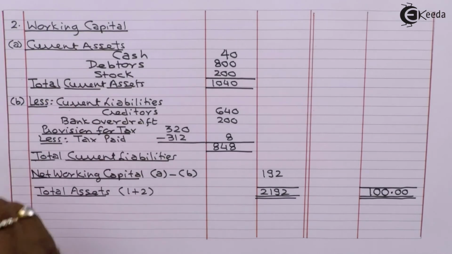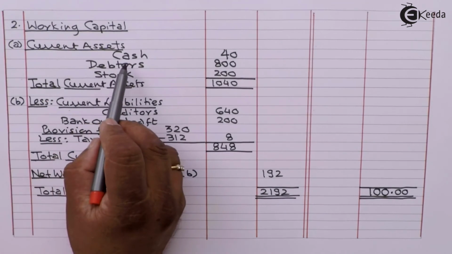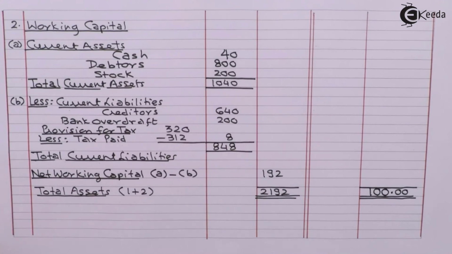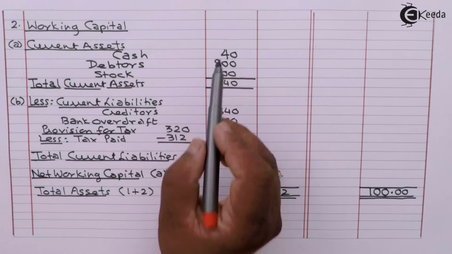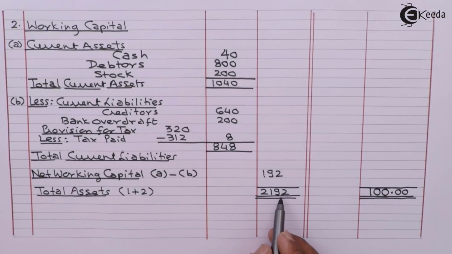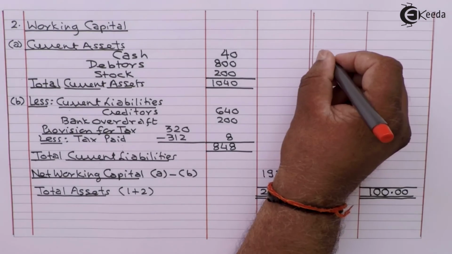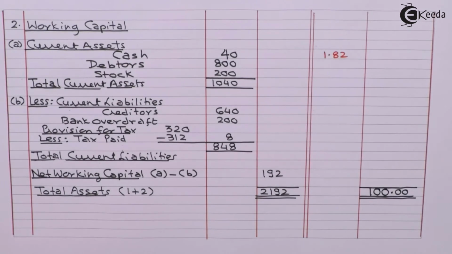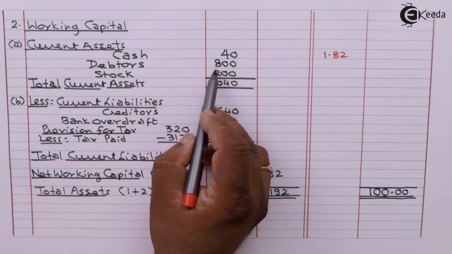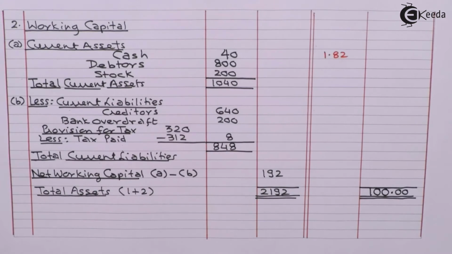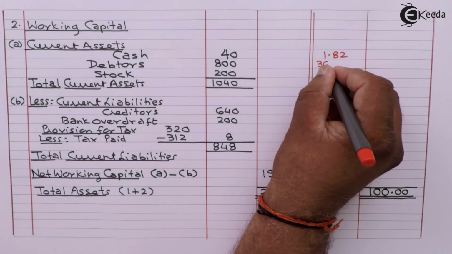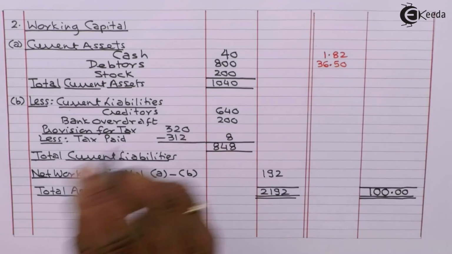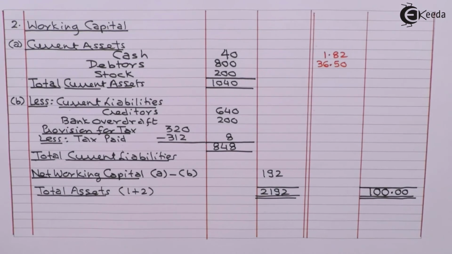Next, working capital. In current asset we have cash 40,000. Cash 40,000 divided by 2192,000 multiplied by 100. 1.82%. Debtors 800,000, (36.5%).